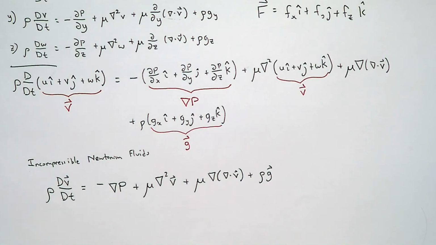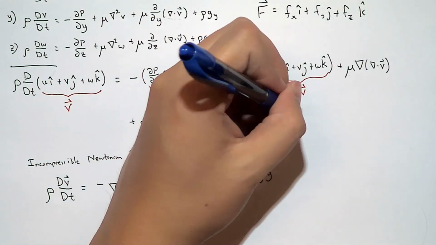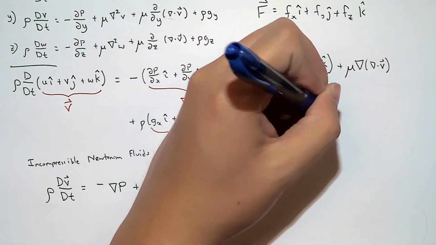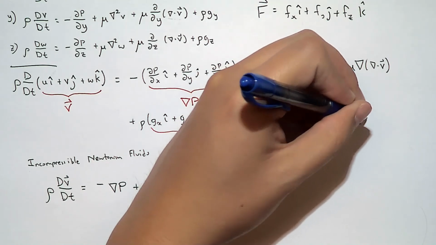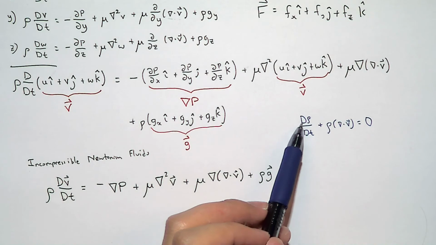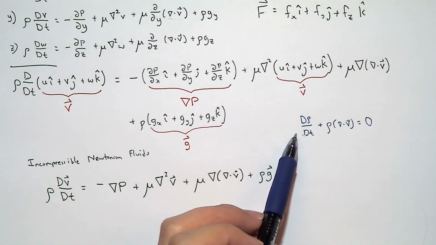So let's remember conservation of mass. This is the second form. If my fluid is incompressible, what does this term become for an incompressible fluid?